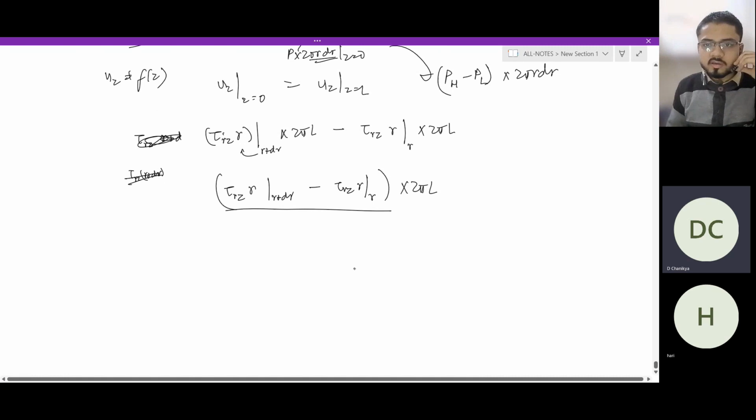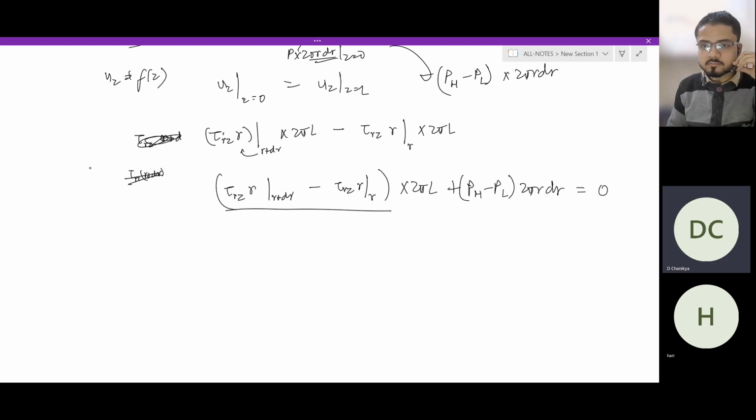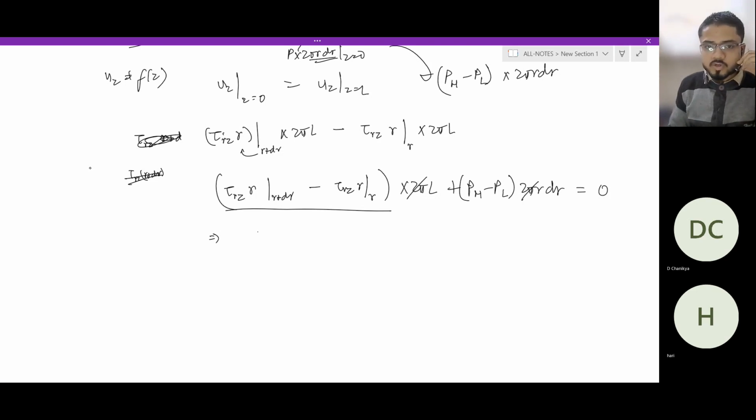Okay, so if you write this entire thing as this, and you've already got this part, (pH minus PL) 2 pi R dr is equal to 0, right? Cross out 2 pi right here. Now what we'll be doing is that tau RZ, you write it like this, R plus, let's call for a moment this delta R, right?